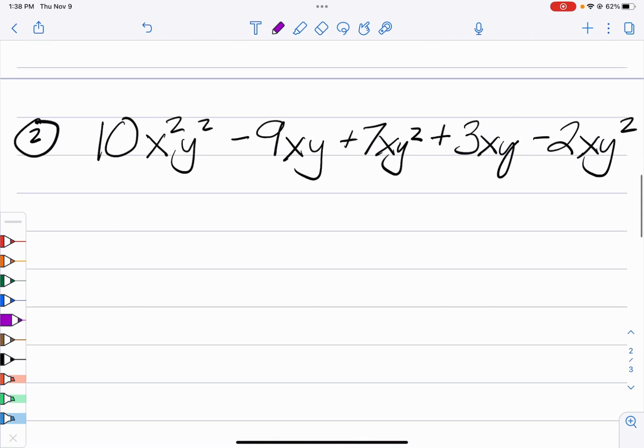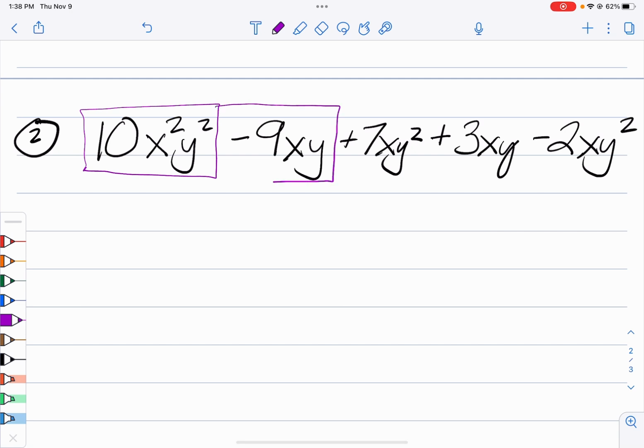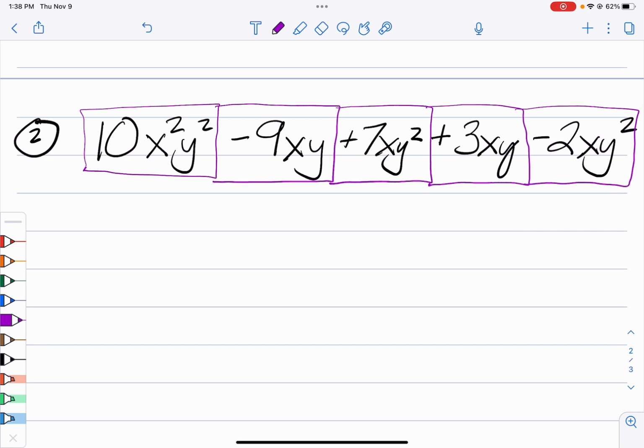Okay, so here's problem number 2. We have a 10x squared y squared. So notice that's one whole term. So it has x's and y's. They both have an exponent. Then we have a negative 9xy, a plus 7xy squared, a plus 3xy, and a minus 2xy squared.